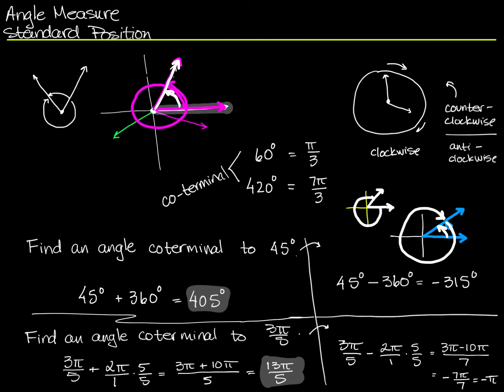It's not uncommon to use the Greek letter theta to represent an angle, and oftentimes you'll see that inside the angle you're demonstrating. So to find a coterminal angle, we could say that the angle theta plus or minus 360 degrees times n, n being an integer, so any number of multiples of 360, is coterminal to theta.